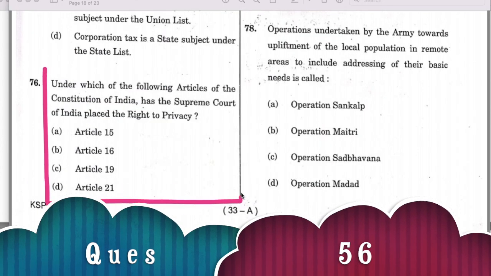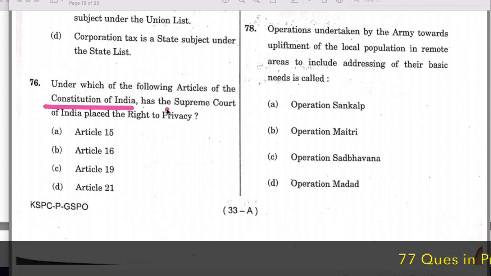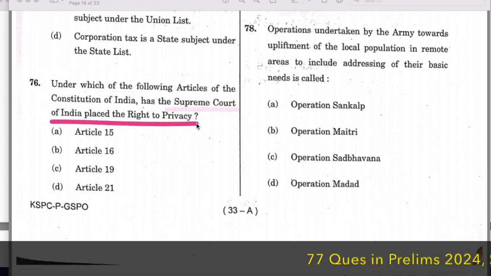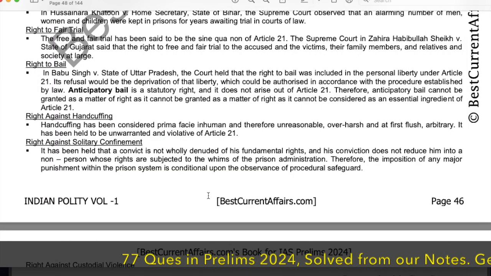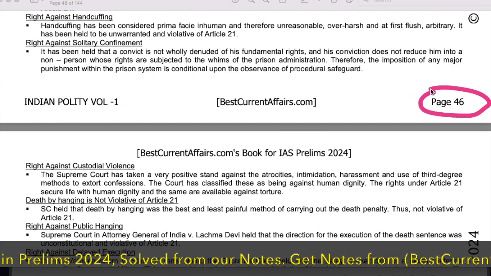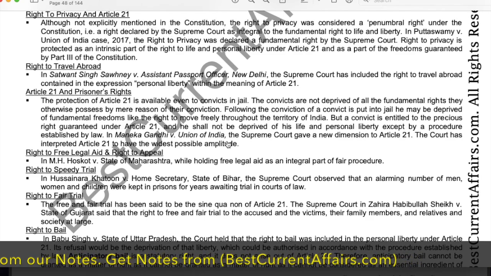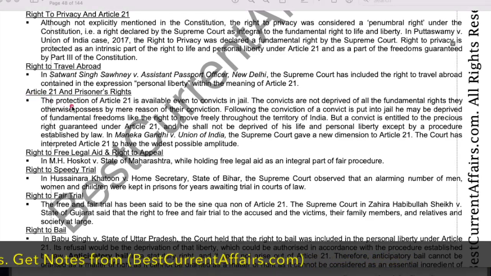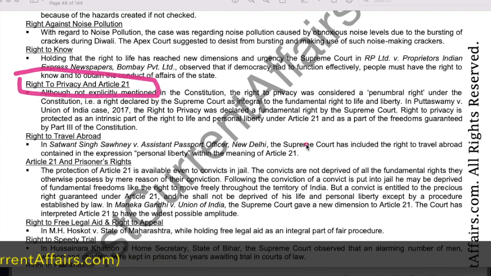Next question. Under which of the following articles of the Constitution of India has the Supreme Court of India placed the right to privacy? And the correct answer is Article 21. Now see, this is our Indian Polity booklet volume 1 for IS Prelims 2024 on page number 46. Here it is mentioned right to privacy and Article 21.